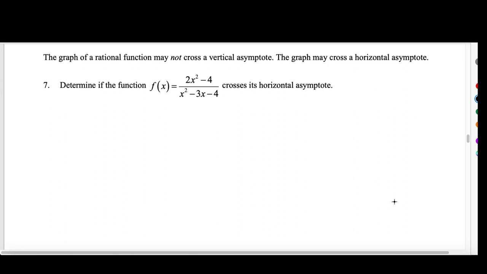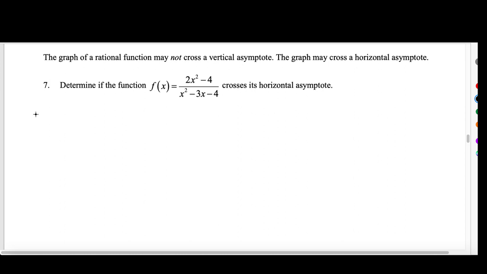F of x equals 2x squared minus 4 over x squared minus 3x minus 4, right? So we have a rational function, and the numerator and the denominator are both second-degree polynomial functions. And I'll go back to the rules we just looked at.